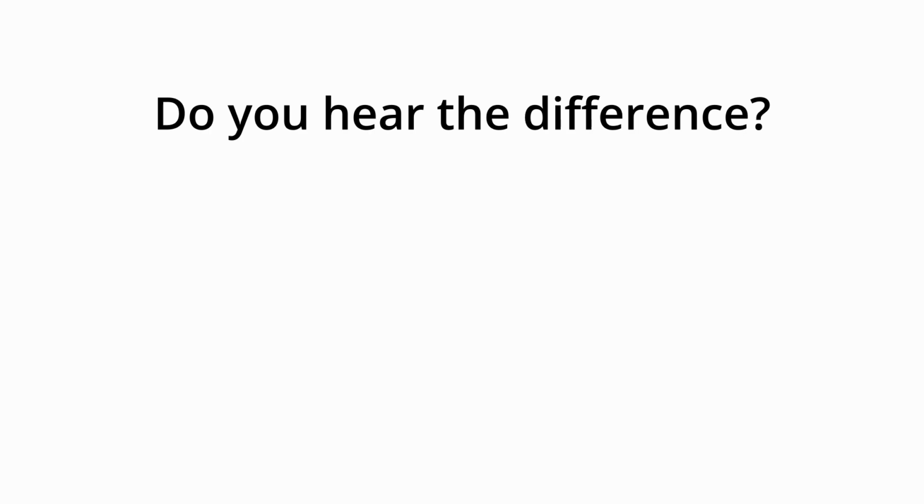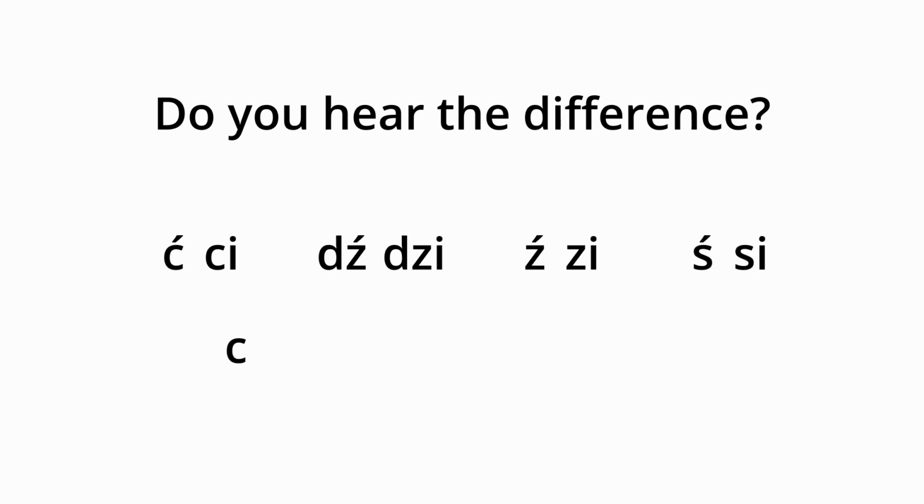Can you hear the difference between those sounds found in the Polish language? I tried to make them sound as you would hear them in spoken language. Ć, ć, dzi, dzi, ż, j, ś, ś, c, dz, cz, dż, sz, ż.